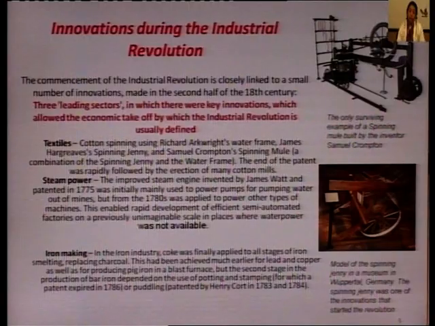The invention of steam power and the discovery of iron making as an industry, where coke was finally applied to all stages of iron smelting, replacing charcoal, changed the entire scenario of the Industrial Revolution. So the 3 main leading sectors being textiles, steam power, and iron making.